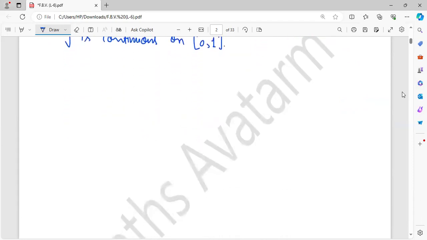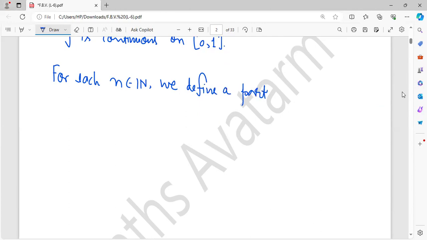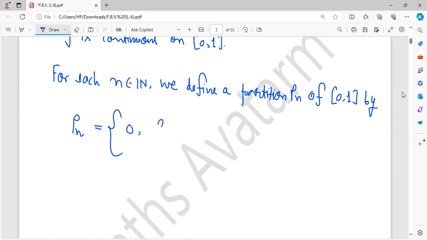We will show it. So we are taking a partition: for each n belonging to N, we define a partition P_n of [0, 1] by P_n = {0, 2/(2n+1), 2/(2n-1), and so on, 2/5, 2/3, and the last one is 1}.